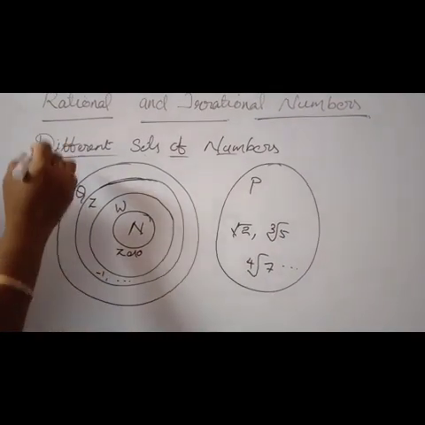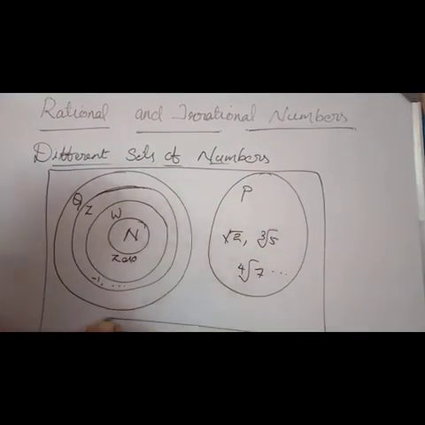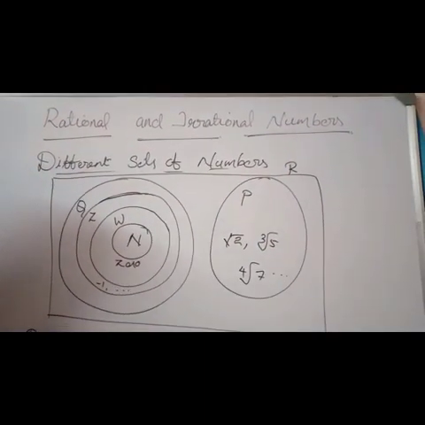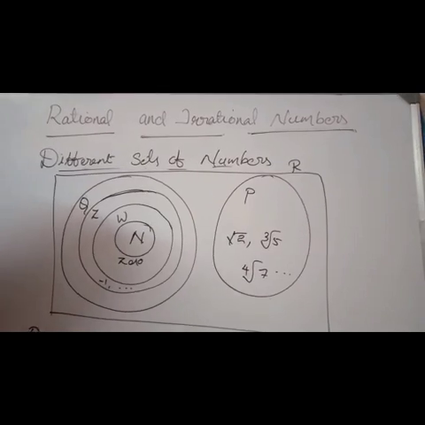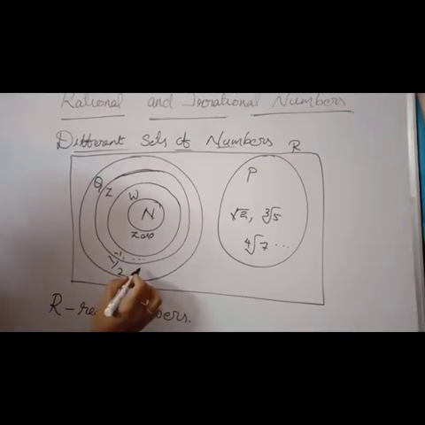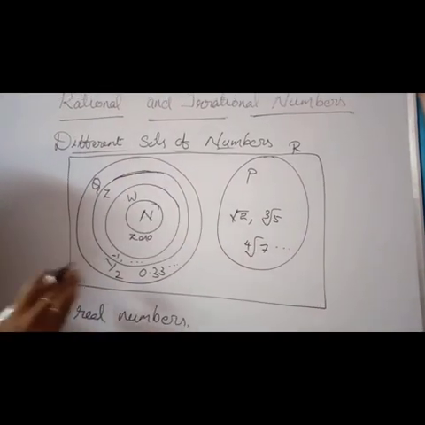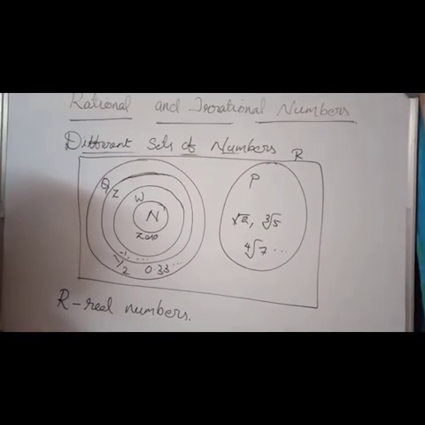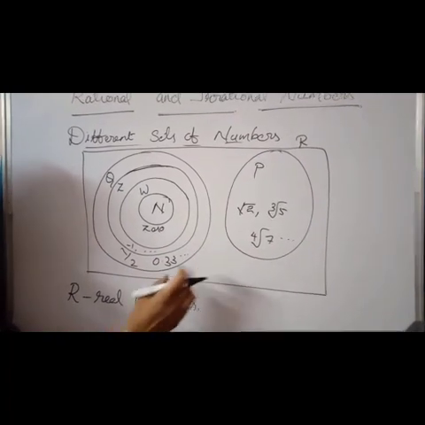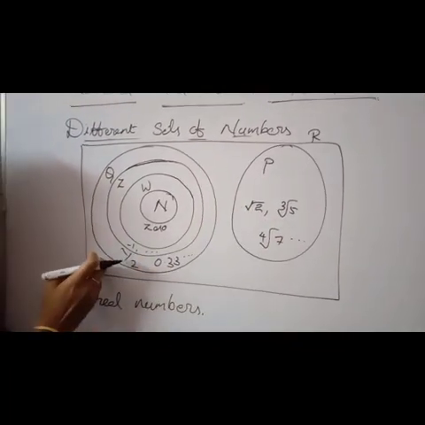And these two sets together form the set of real numbers, and that is the biggest set of numbers. It's real numbers, and real numbers are represented by R. So we have seen the set of real numbers consists of two different sets: the set of irrational numbers, that's the root numbers, and the set of rational numbers.